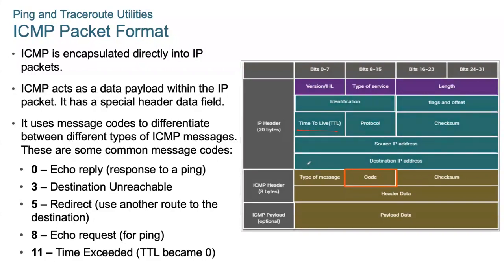This ICMP acts as a data payload with the IP packet. It has a special header field called the code, as we discussed. If the code is 0, it means echo reply. If the code is 3, it means destination unreachable. If the code is 5, it means redirect. If the code is 8, it means echo request for the ping, and code 11 means time exceeded, when the time to live expires.